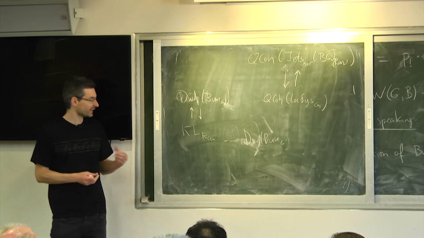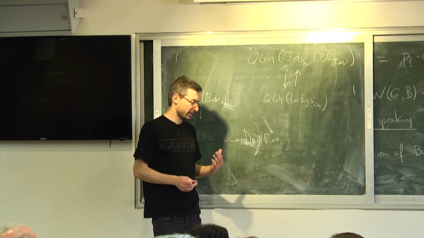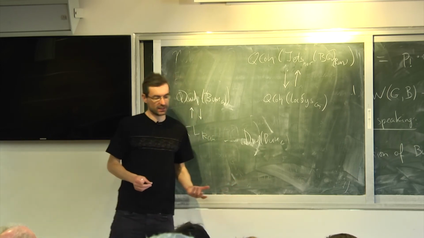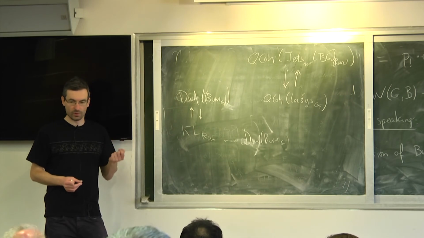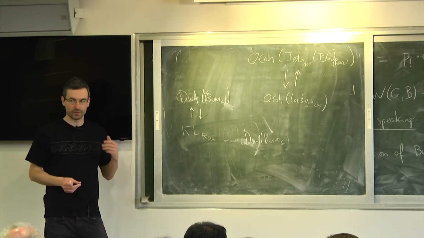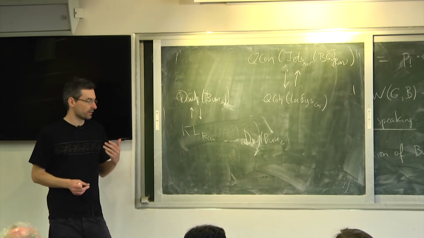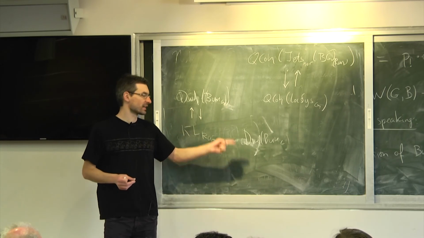So basically, in the geometric picture, both sides have the characteristics of both automorphic and Galois. And basically the strategy of the proof is to play one against the other.